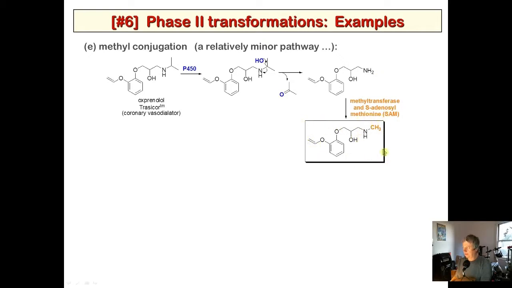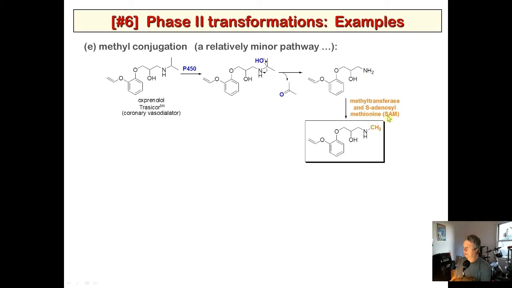And it's produced by the methylation of the amine, and this uses a methyltransferase enzyme. And then remember, the cofactor for all methylation stuff is S-adenosylmethionine. So it's just like acetyl-CoA is the acetylation cofactor, and glutathione is the glutathionylation cofactor.